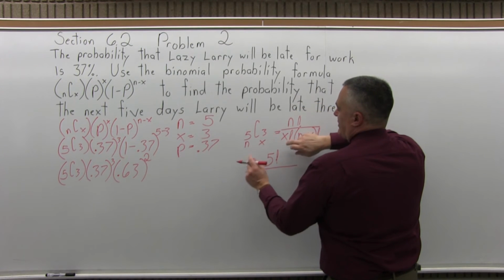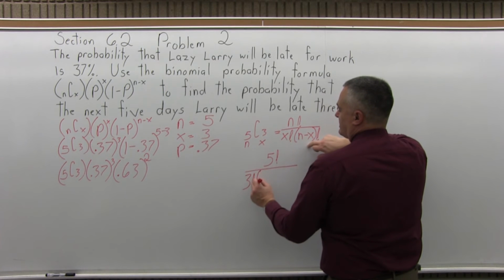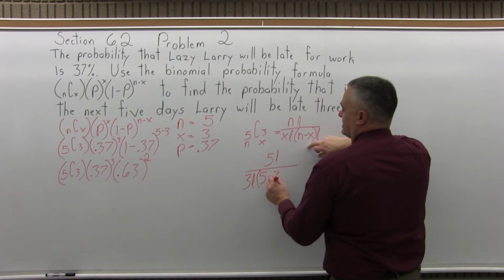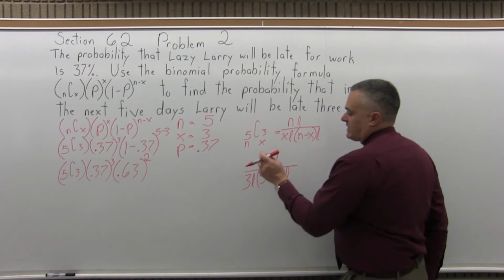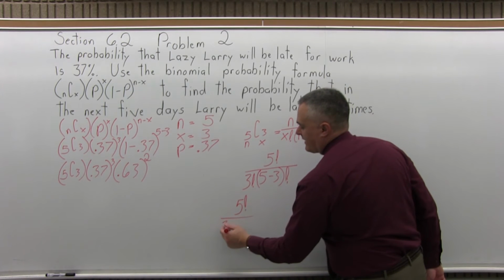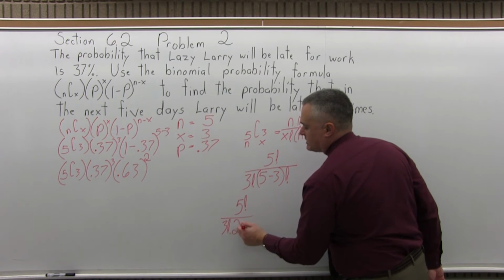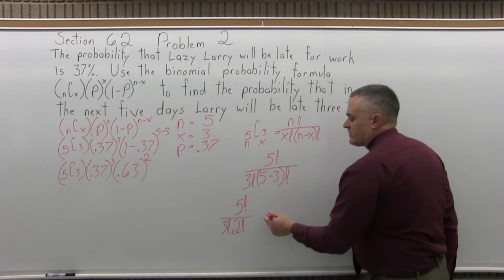And then in the denominator, x factorial, x is 3, so 3 factorial. Then in the parentheses, n minus x, so 5 minus 3, close the parentheses, factorial. And then in the parentheses, that'll turn into a 2. So I have a 5 factorial on top, underneath a 3 factorial times 2 factorial, again from the 5 minus 3. So now let me write out the factorials.